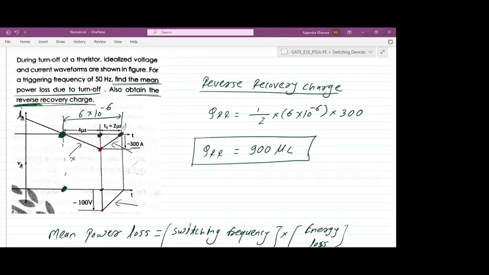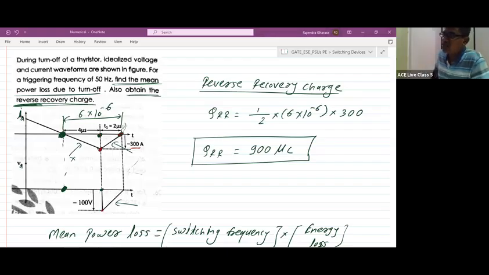And sir, one more. Whatever we use in HVDC, mercury arc rectifiers and solid state devices, what is the difference between them?